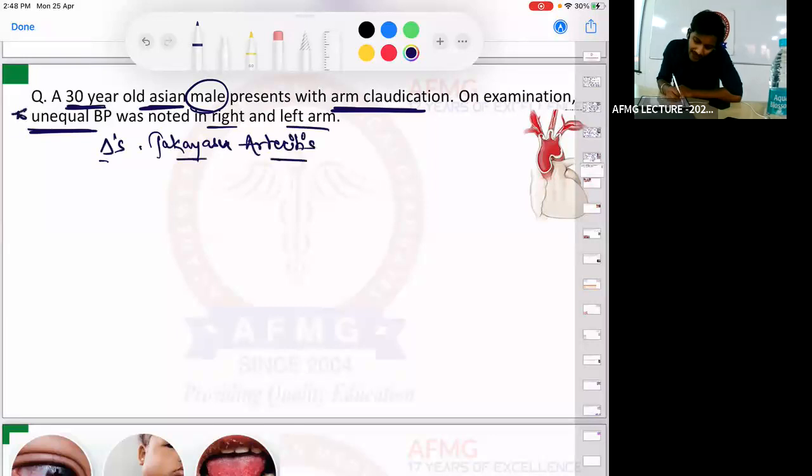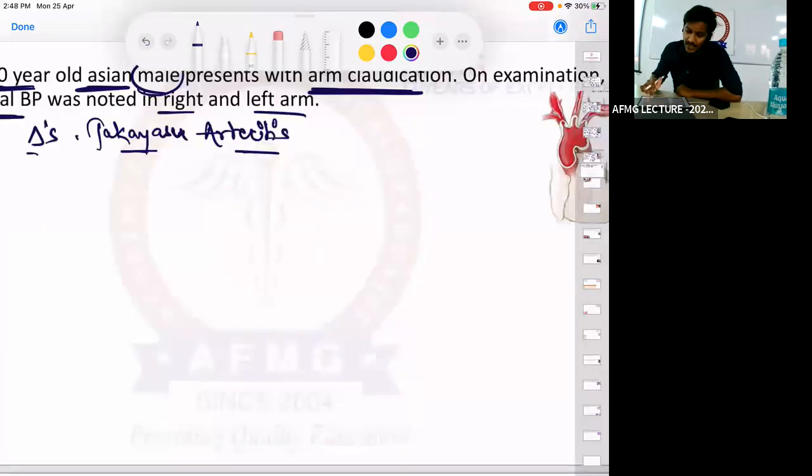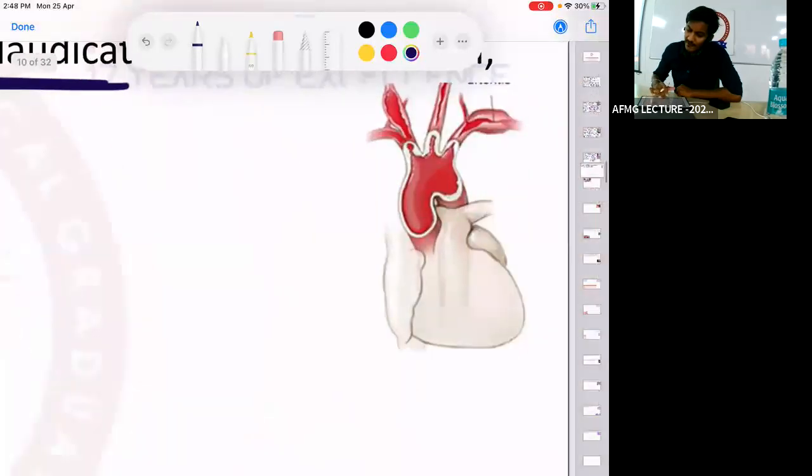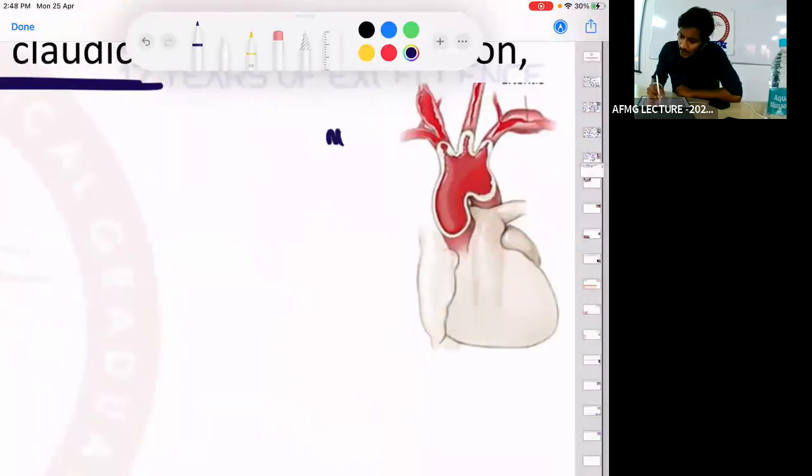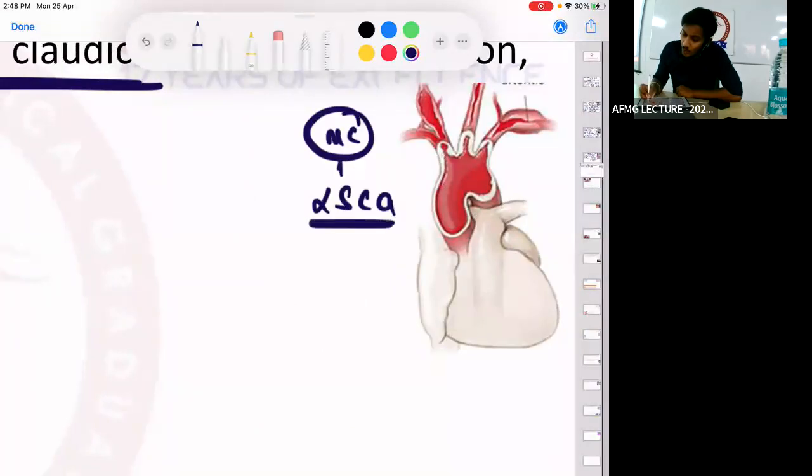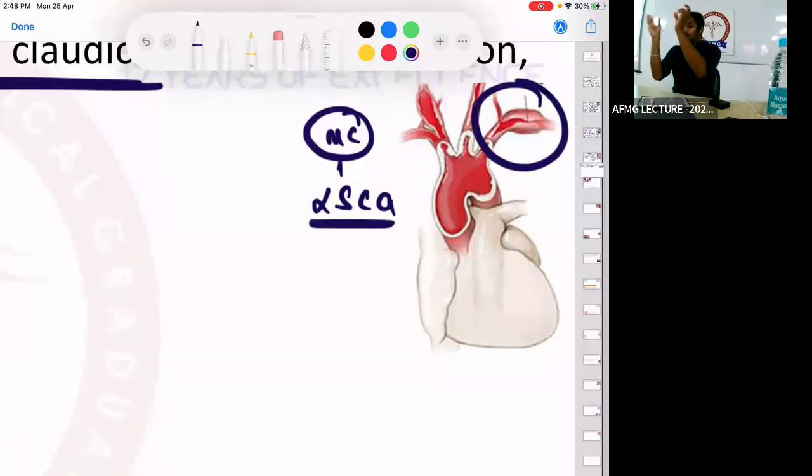So this is the most characteristic feature, guys: unequal blood pressure in the right and left arm. Please remember, if they ask you the most common vessel affected in Takayasu arteritis, it is the left subclavian artery.